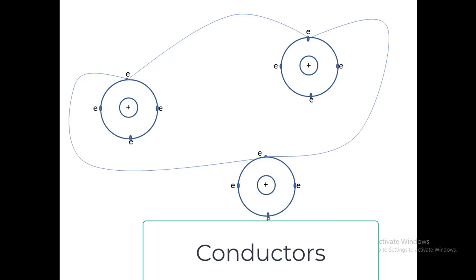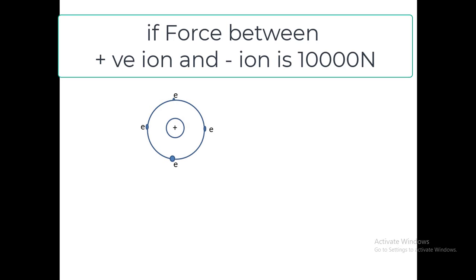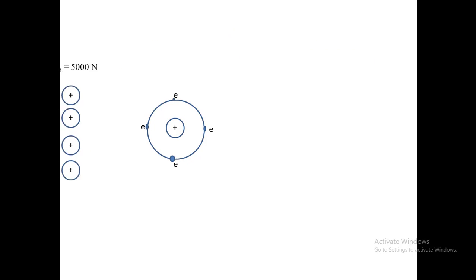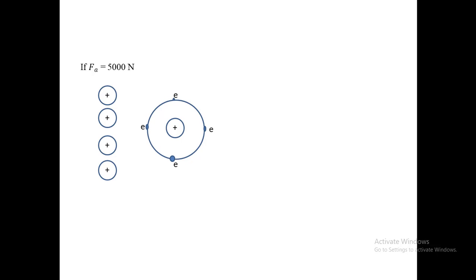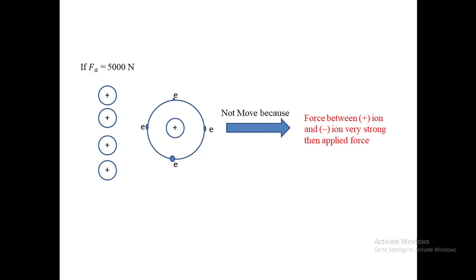For example, if the force between positive ion and negative ion is 10,000 newtons, and now we apply a force on the valence electron of 5,000 newtons, then the electron does not move away because the force between positive ion and negative ion is stronger than the applied force on the free electron.